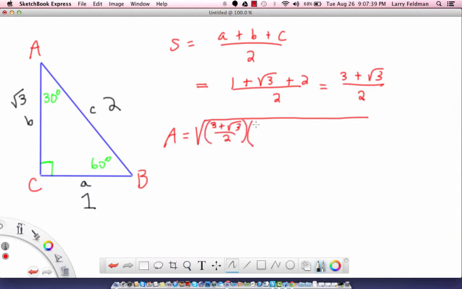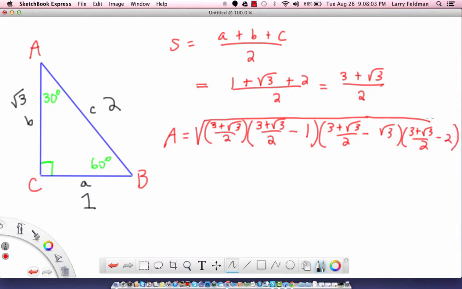times S minus a, which is this, S minus b, and S minus c. Now this looks like a big mess, but it will simplify nicely.